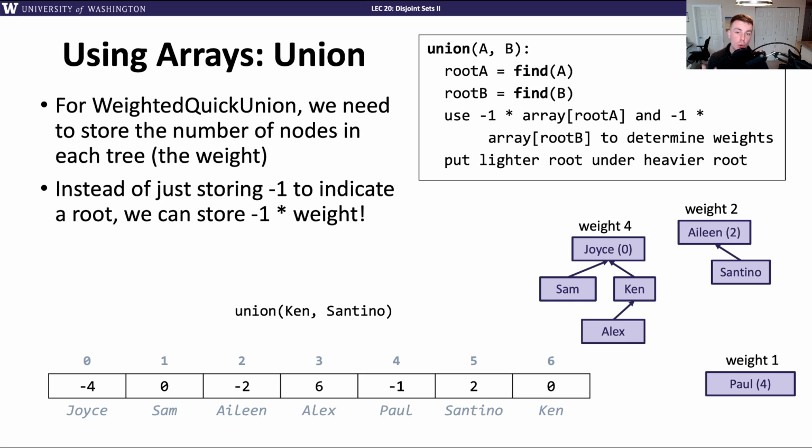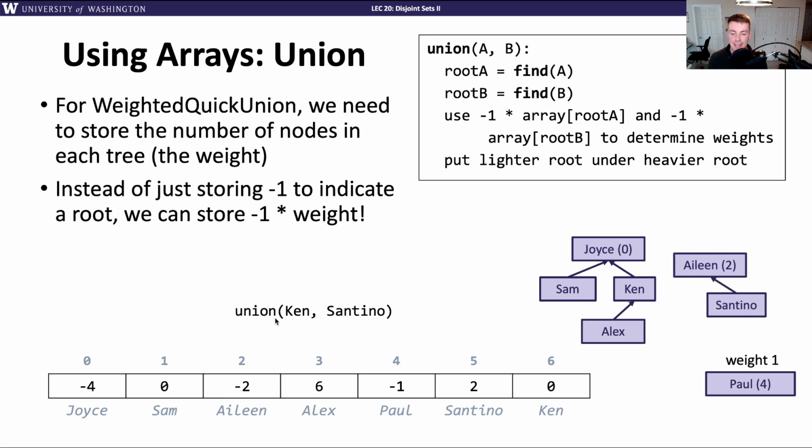The idea is instead of storing -1, store the negative weight. Since Joyce has 4 nodes in her tree, we'll store -4 there to represent that it's negative, meaning that she's the overall root. And the magnitude of that number, 4, is the number of nodes in her tree. So now, whenever we get to the parent indices, we can just use the value there to know what the weight is.